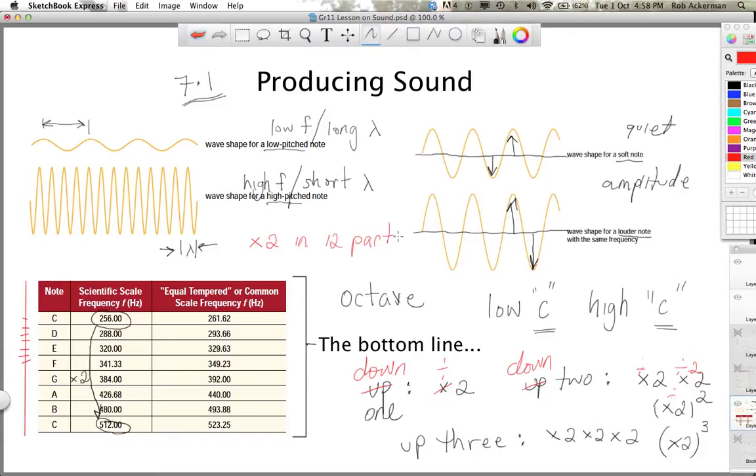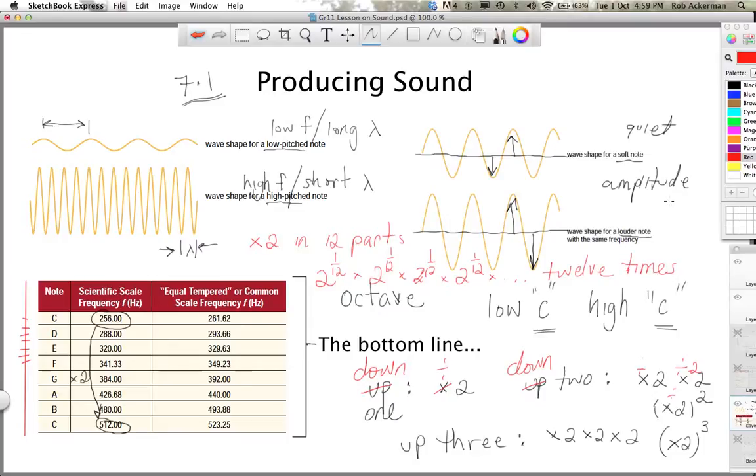And the way to do this is to take 2 and raise it to the 1/12th power, so that if we do this 12 times, we will end up, just imagine doing this, 2 to the 1/12th times 2 to the 1/12th times 2 to the 1/12th, all the way 12 times.